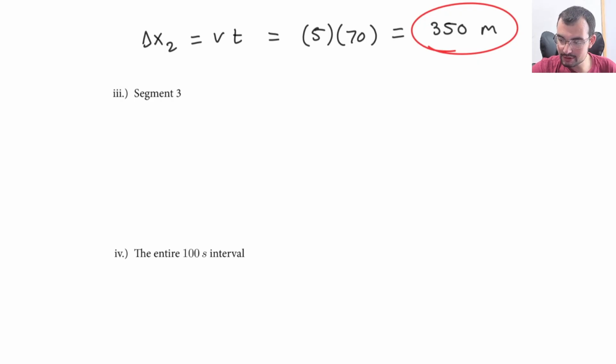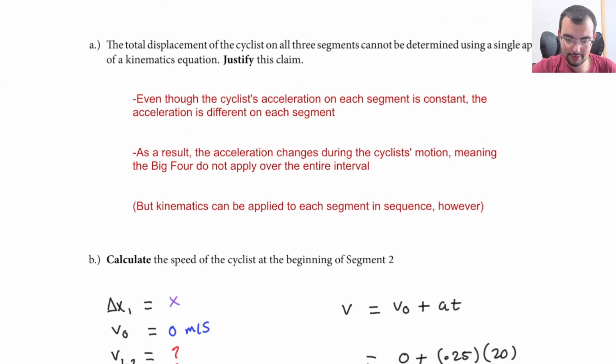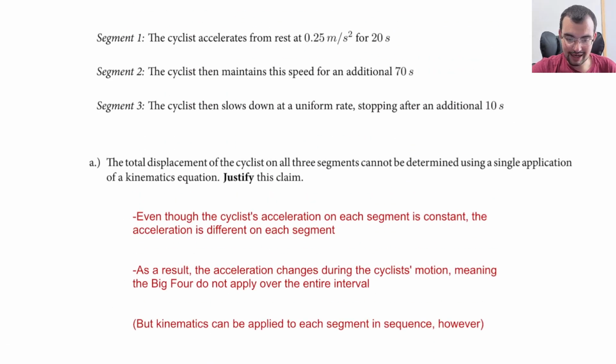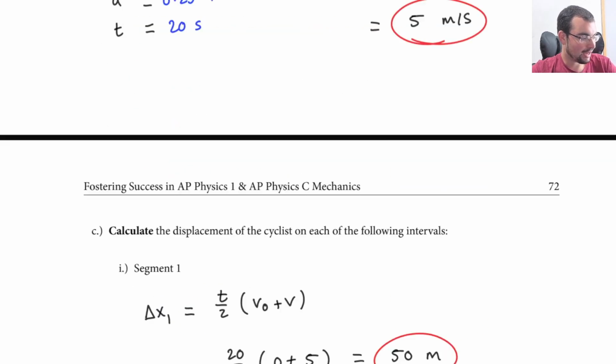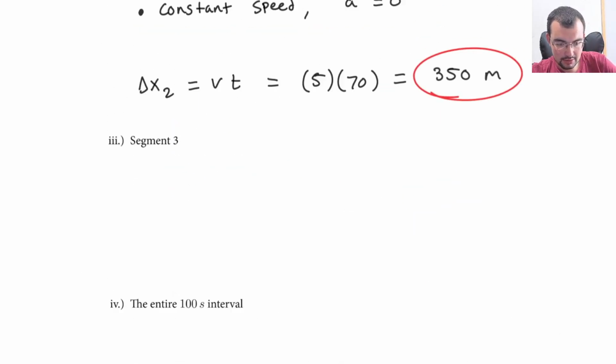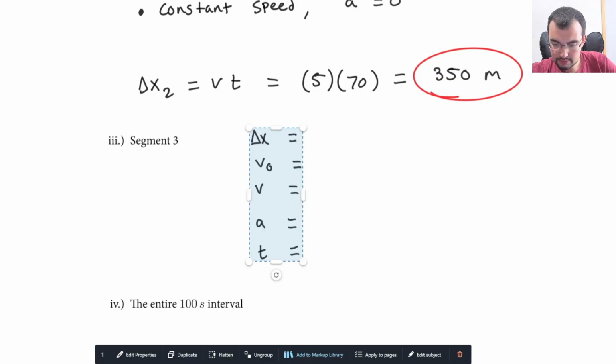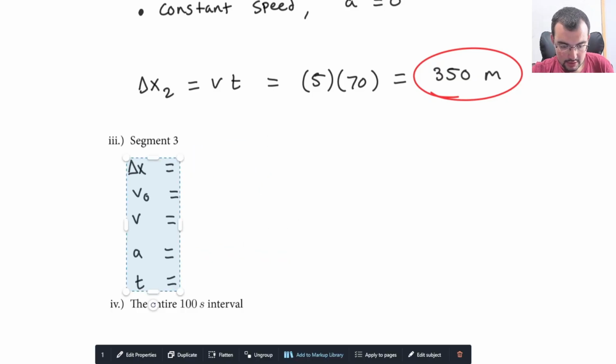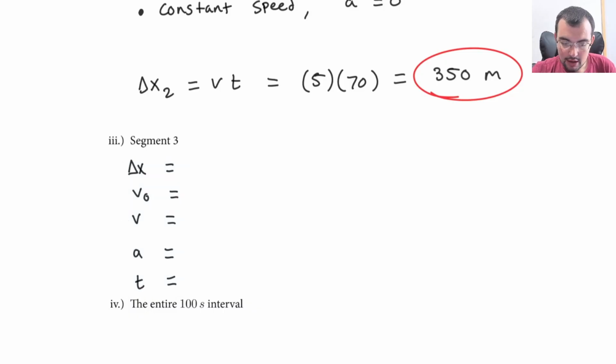And then segment 3. What do we know about segment 3? They slow down at a uniform rate, stopping after 10 seconds. So we do it again. Segment 3, we're interested in this delta x3, we do want that.